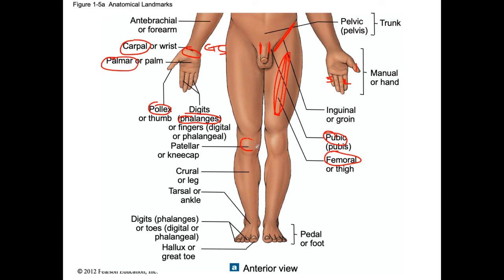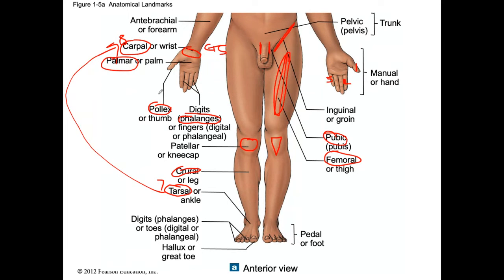The kneecap is called the patella. There's a base and an apex to it. The base is on top and the apex is on the bottom. The leg is called crural. The ankle is called tarsal, not to be confused with carpal. So we have 8 carpal bones, and you will learn 7 tarsal bones in the foot.